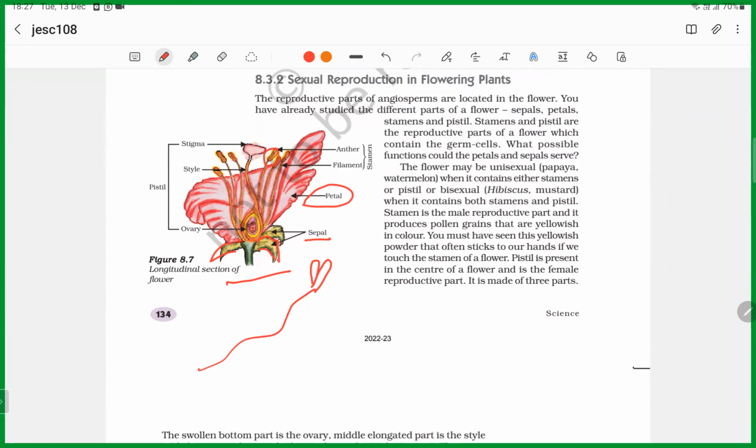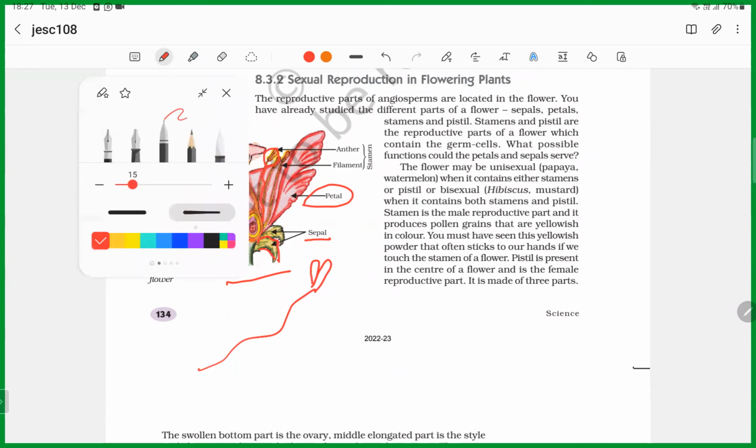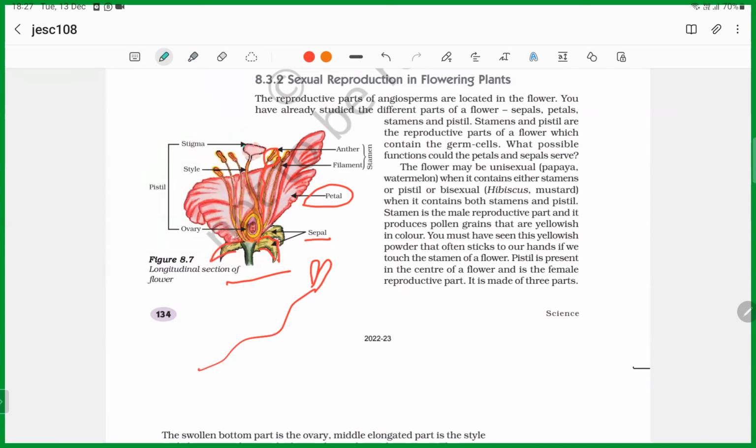Then stigma, style, and ovary. So this is androecium, this is gynoecium, parts of the flower you should know.